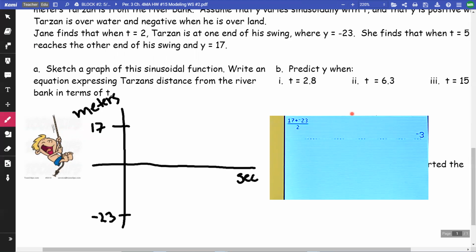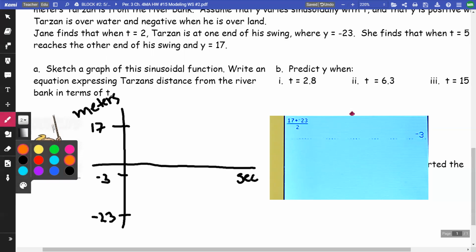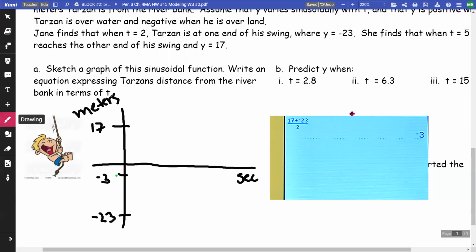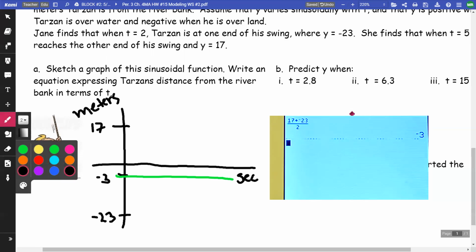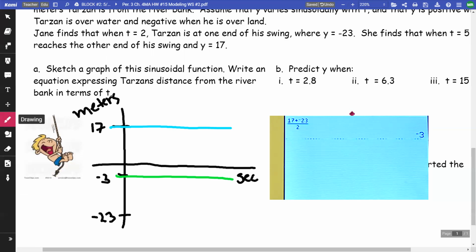Okay, and so -3 is going to be my center. So this is my vertical shift. This is the high. This is the low.